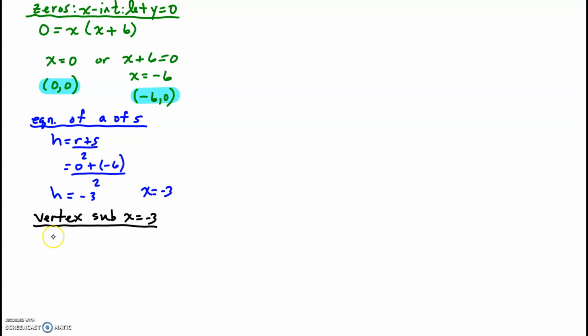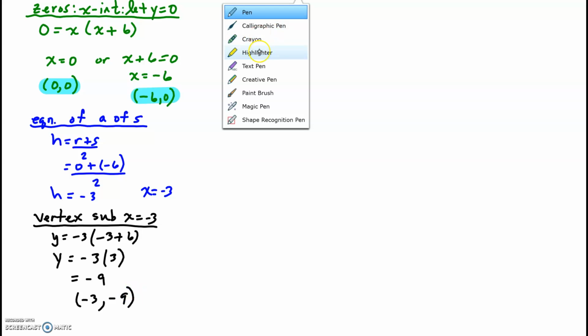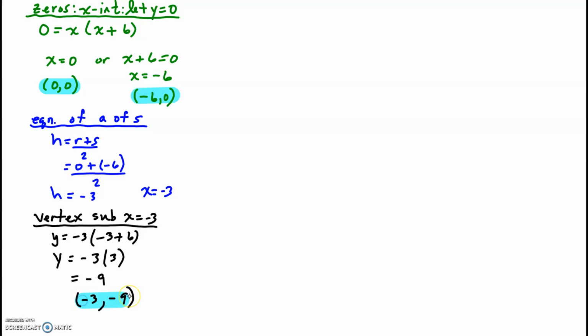We solve brackets first. Negative 3 plus 6 is 3, and when I multiply it, I get negative 9. So our vertex is going to be, our x value is negative 3 and our y value is negative 9. And let's highlight that. That's our last point that we have to find.